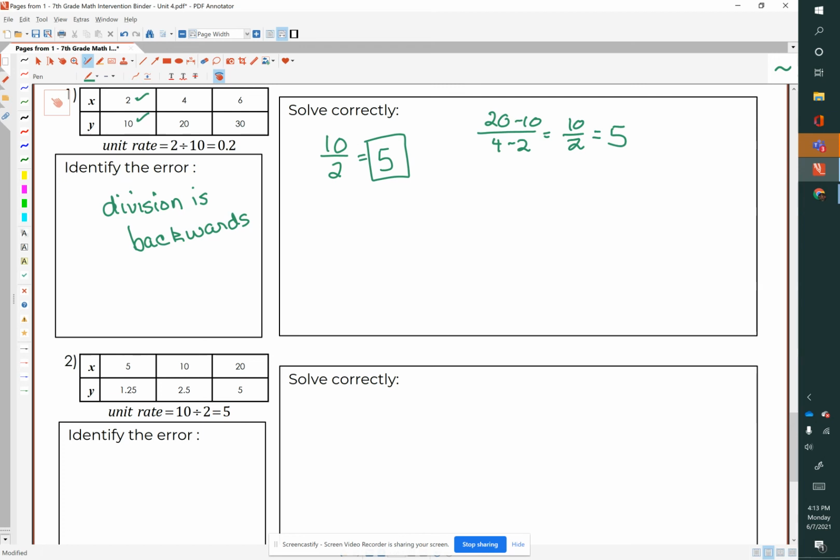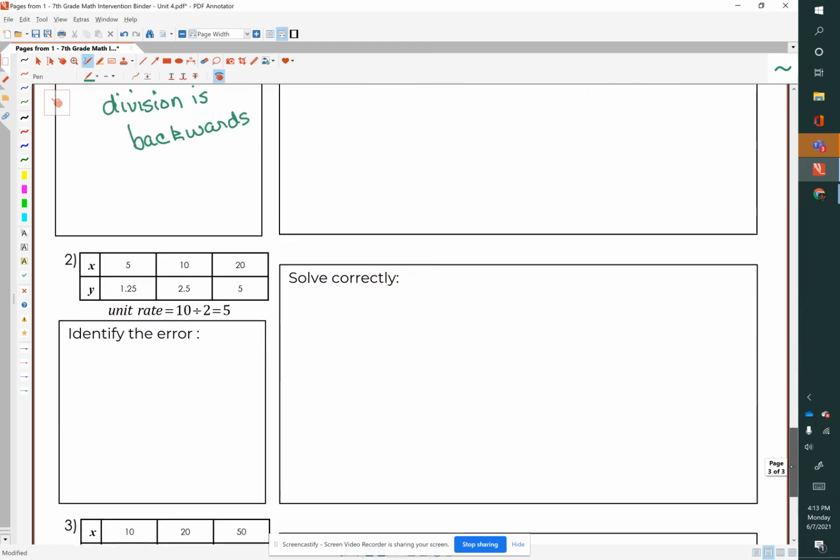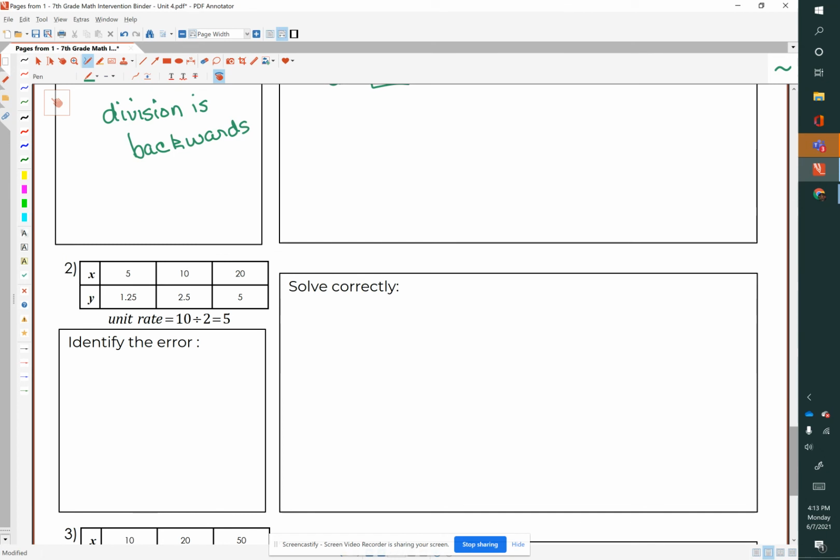Okay? All right, the next one we have in table 2, we have X values of 5, 10, and 20, and Y values of 1.25, 2.5, and 5. So they said the unit rate is 10 divided by 2, which is incorrect.